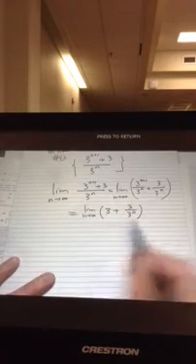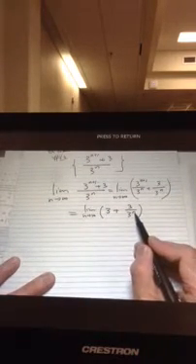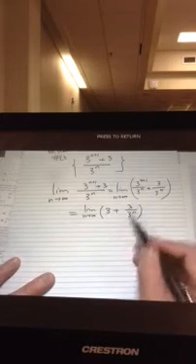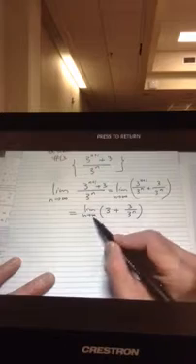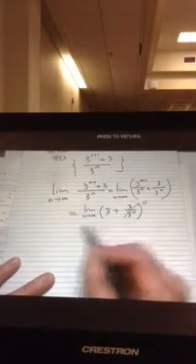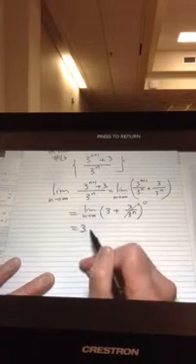When n goes to infinity, 3 to the n goes to infinity, so 3 divided by 3 to the n goes to 0. So the one left is only 3.